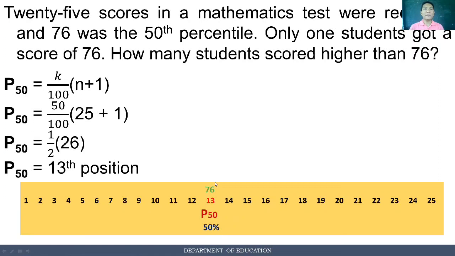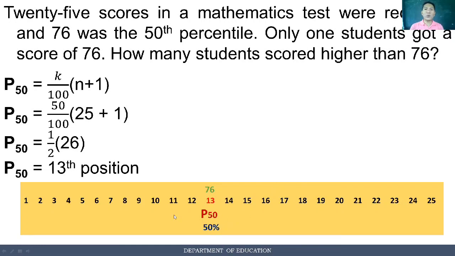Therefore, how many students scored higher than 76? This is the ones to the right of 76. You count 1, 2, 3, 4, 5, 6, 7, 8, 9, 10, 11, 12. So there are 12 students who scored higher than 76.